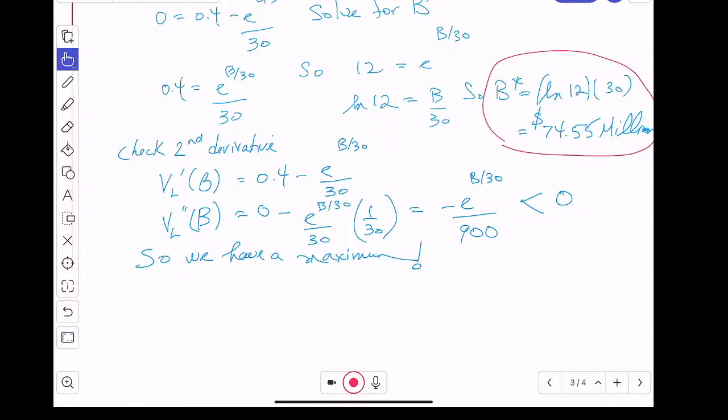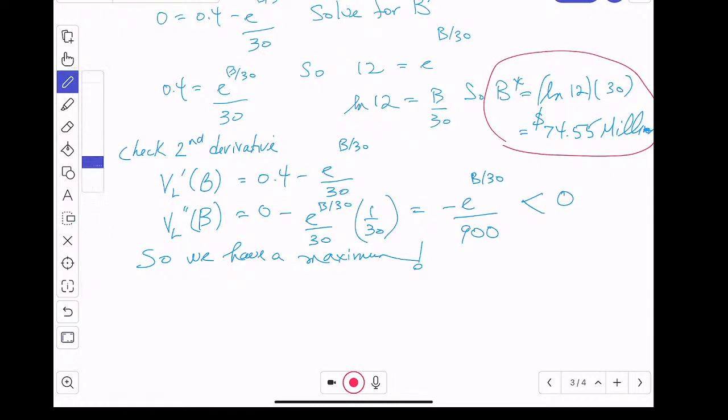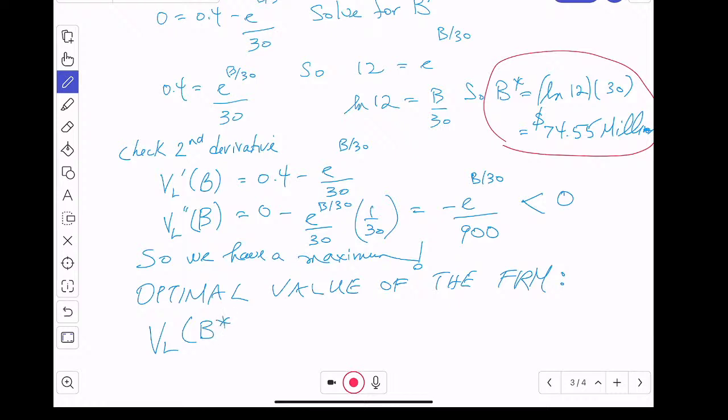So the last thing to do is to figure out the value of the firm with this optimal level of debt. So I can call it the optimal value of the firm. Is where the function is at B star.